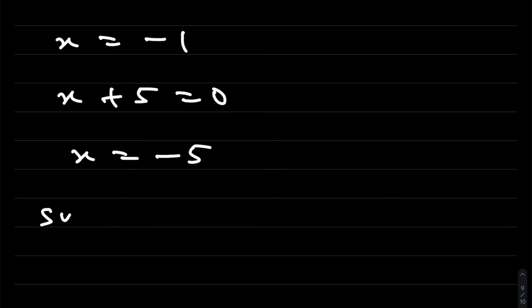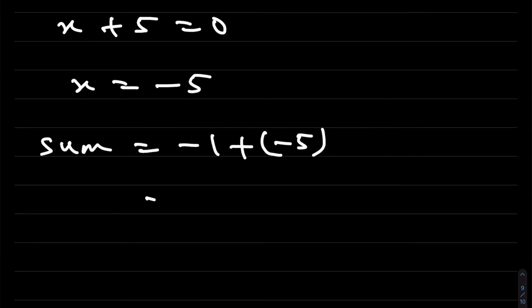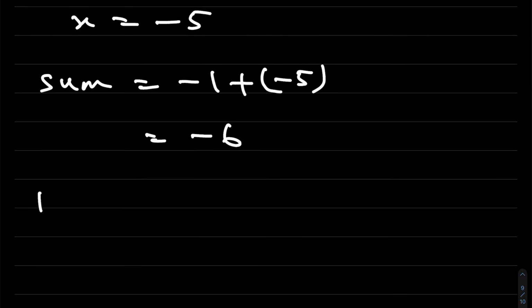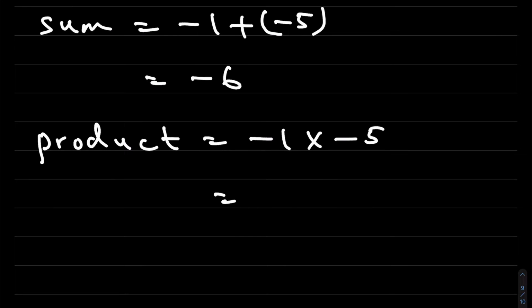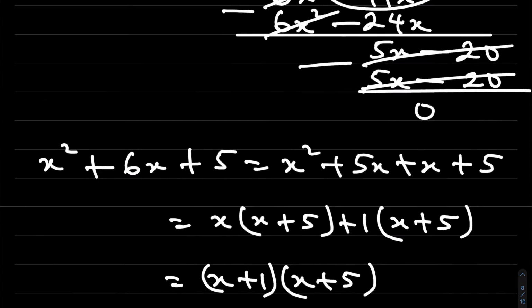So the sum of the other roots is minus 1 plus minus 5, which is simply minus 6. And the product of the other roots is minus 1 times minus 5, which is simply 5. And that answers that very simply.